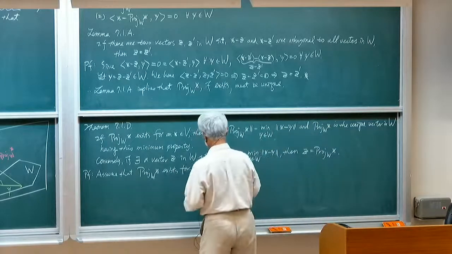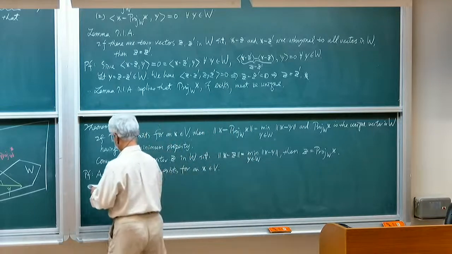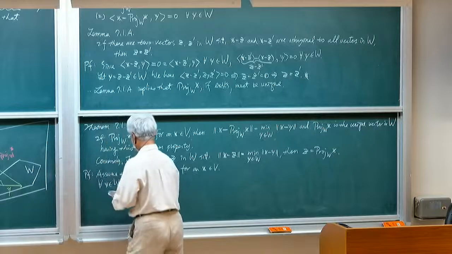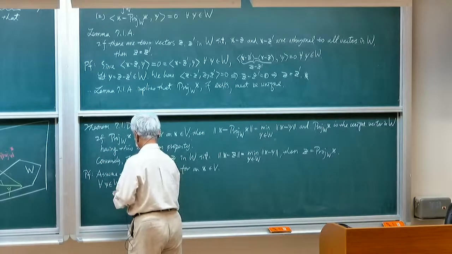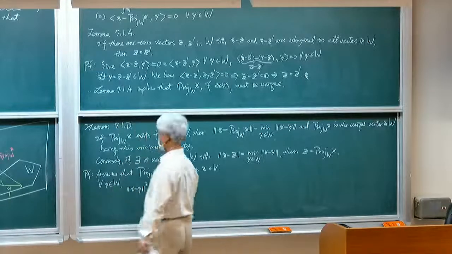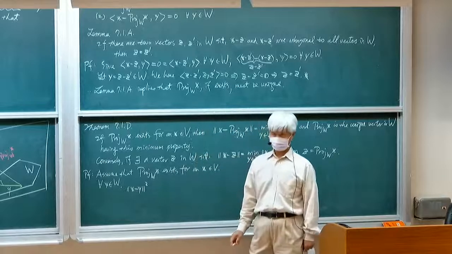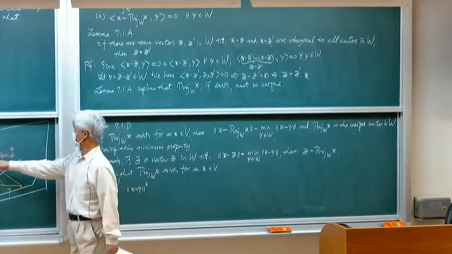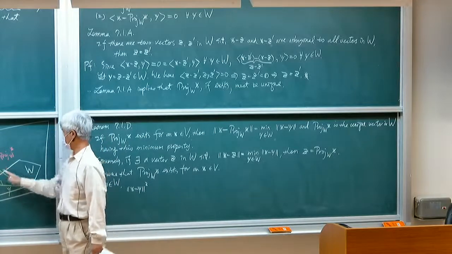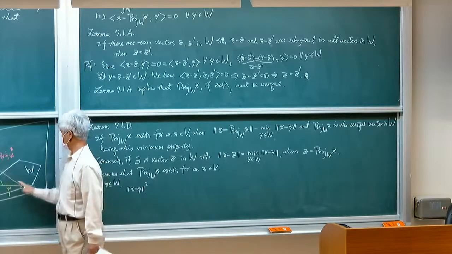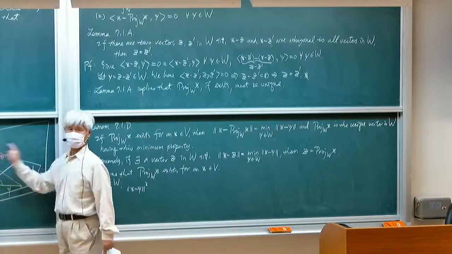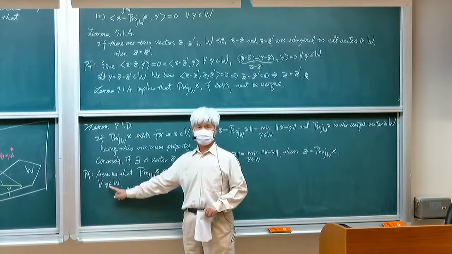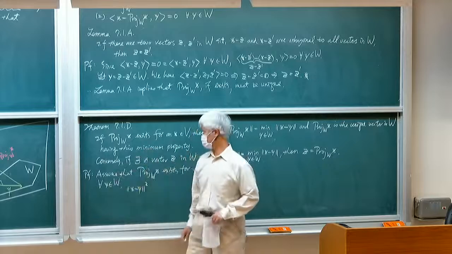So now for all Y in W, okay, we compute the square of the length of the difference here. So we compute the length of this green vector here. Okay? For arbitrary vector Y in the subspace.